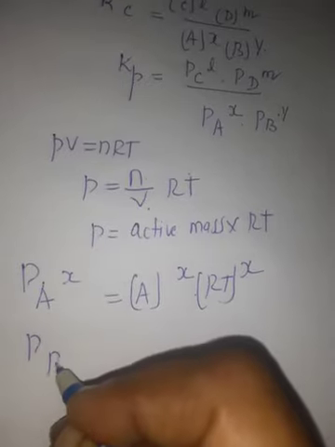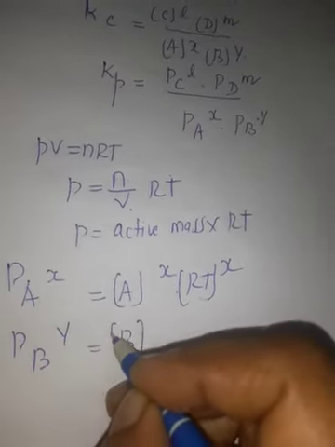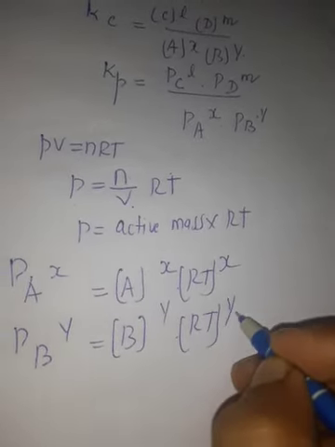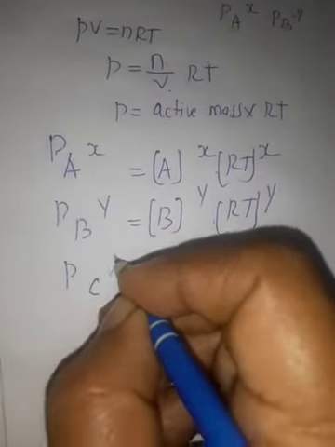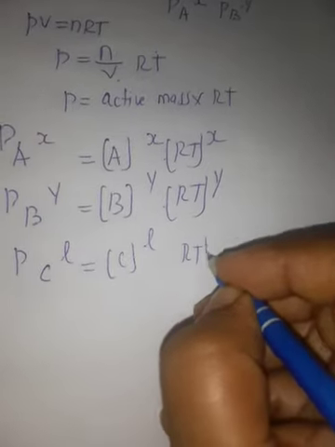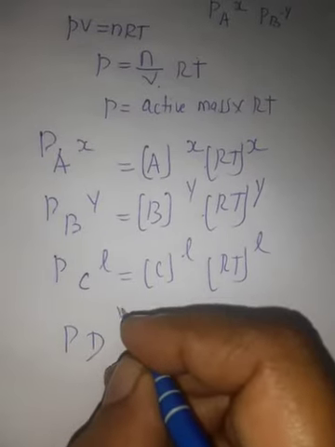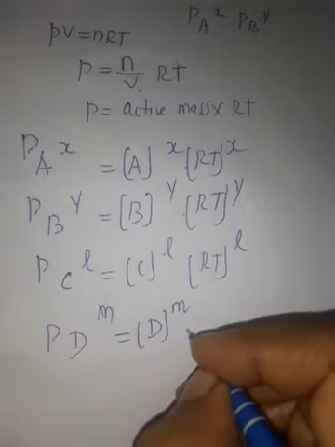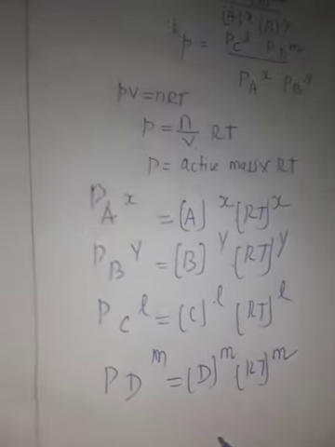Similarly, partial pressure of B power y is [B]^y into (RT)^y. Similarly, partial pressure of C power l is [C]^l into (RT)^l. Similarly, partial pressure of D power m is [D]^m into (RT)^m.